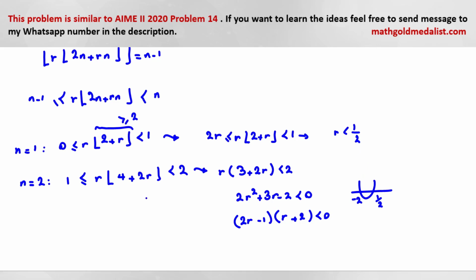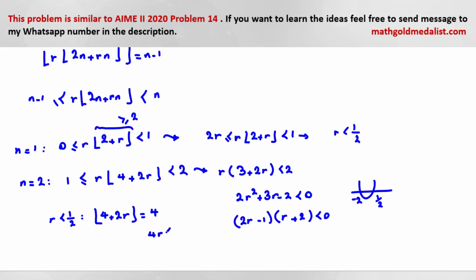Same thing. But if you use the first one, as we said before, if r is less than 1/2, then we can say 4 plus 2r, floor of this is what? 4.